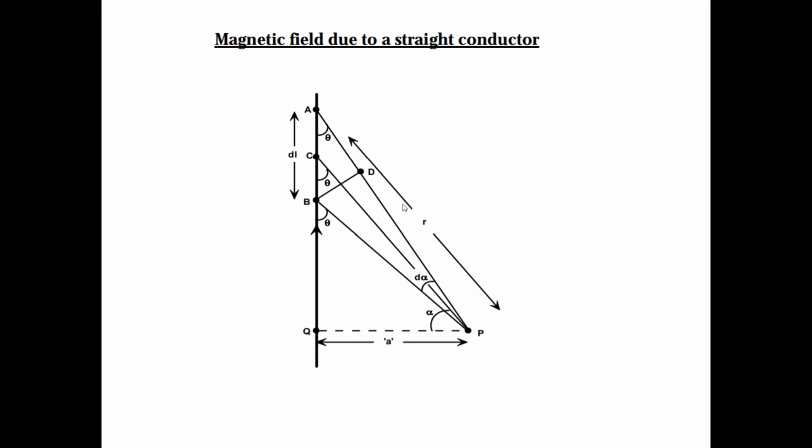In the previous class, we discussed the difference between electrostatics and magnetostatics, and the basic law, that is Biot-Savart law. So with the help of Biot-Savart law, we have to find the magnetic field intensity due to a straight current conductor.